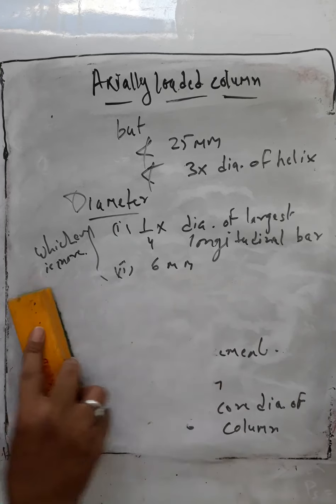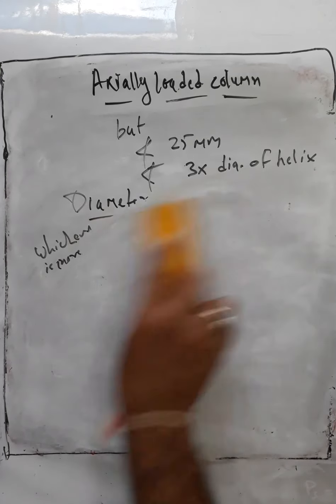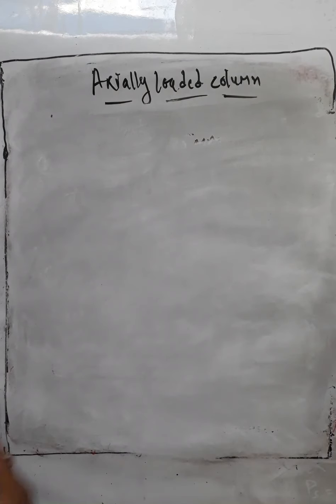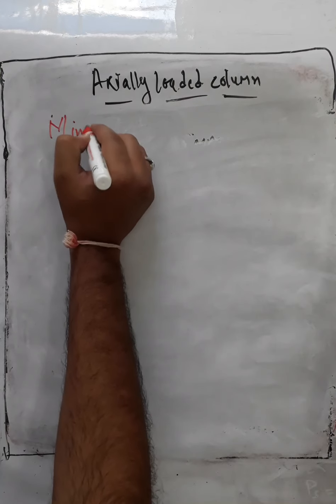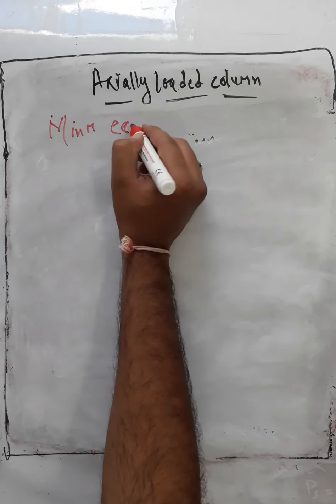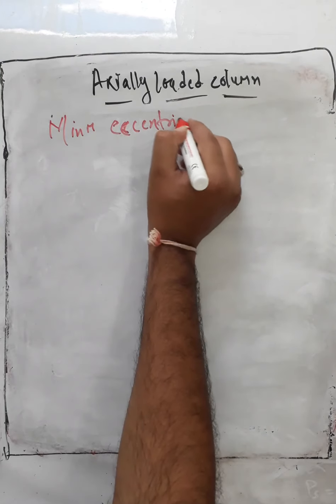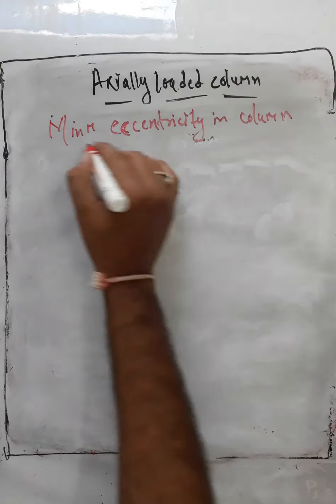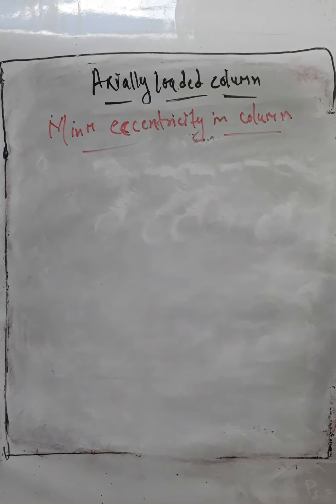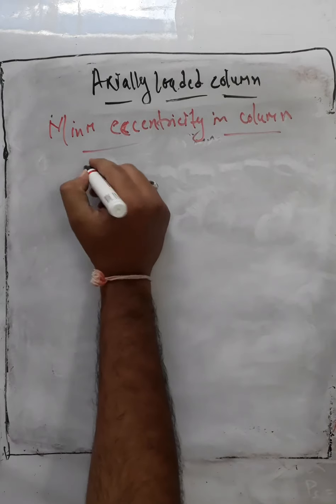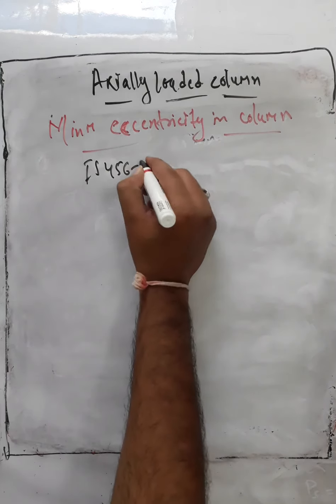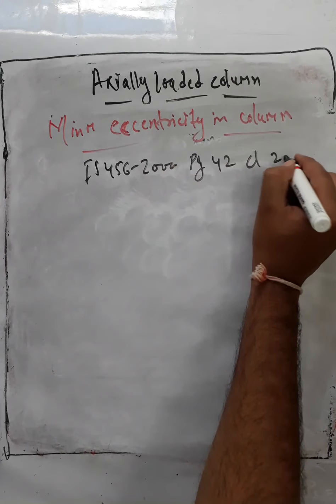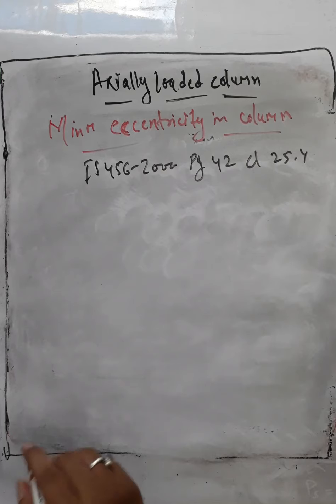Now our second topic of this lecture is minimum eccentricity in column. For that you have to visit IS 456 2000 page number 42 and clause number 25.4.